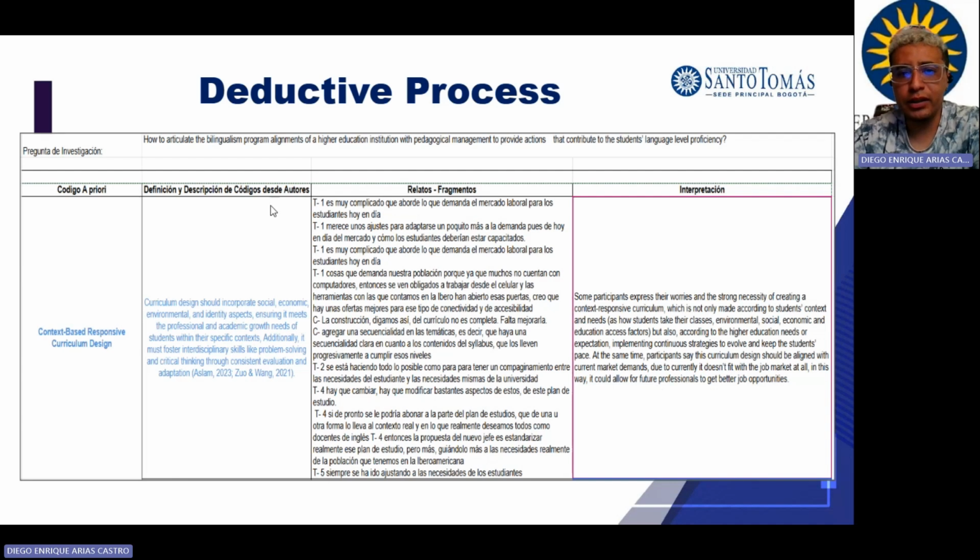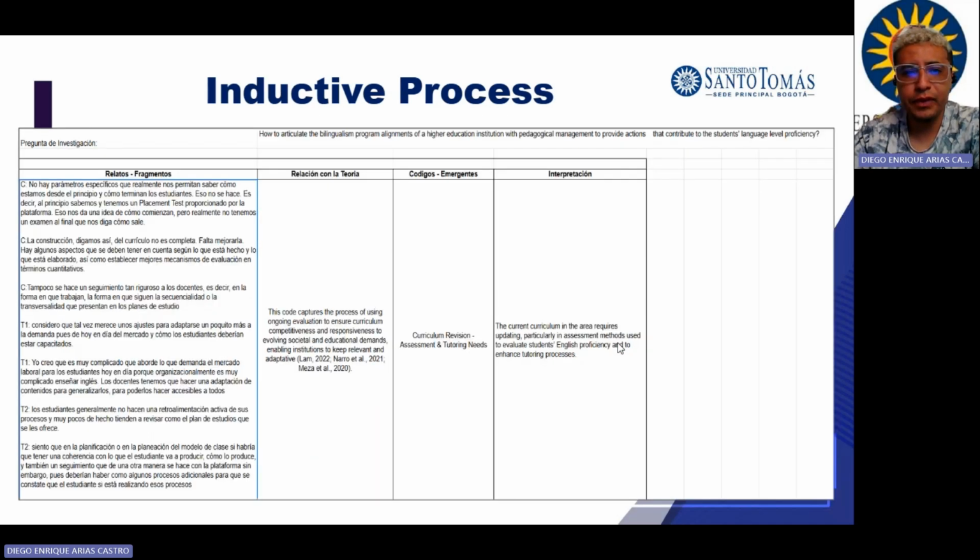Here we can see a little example of an a priori code related to the description by an author, and then we have some excerpts, some little parts of one of the instruments, in this case, the structured interviews. After this analysis, we got some interpretation of this initial code, which we compared later when we made the inductive process.